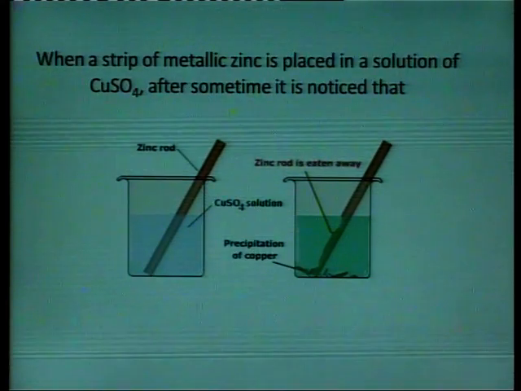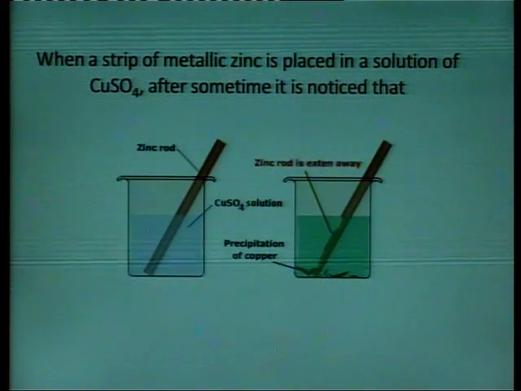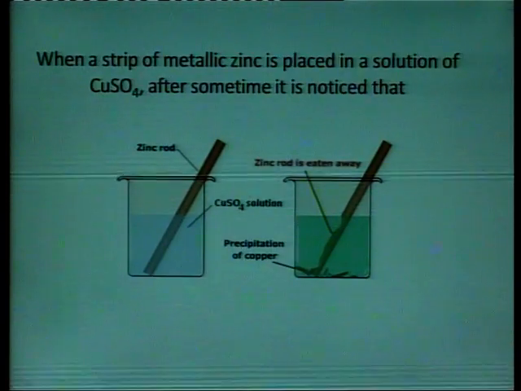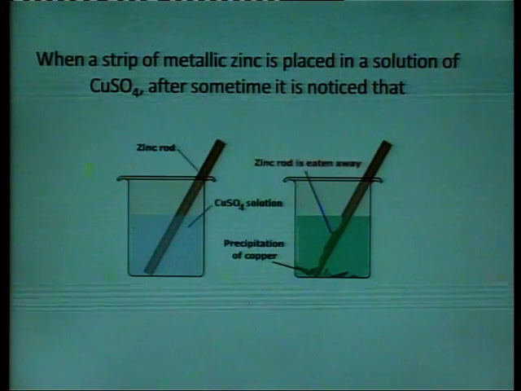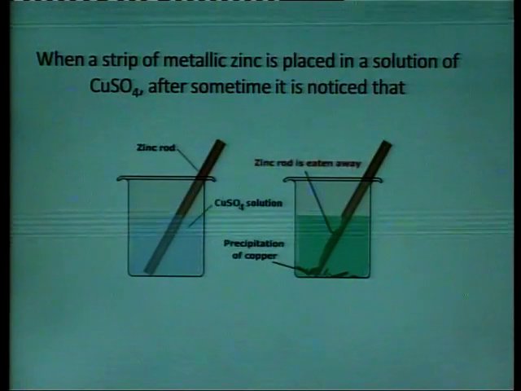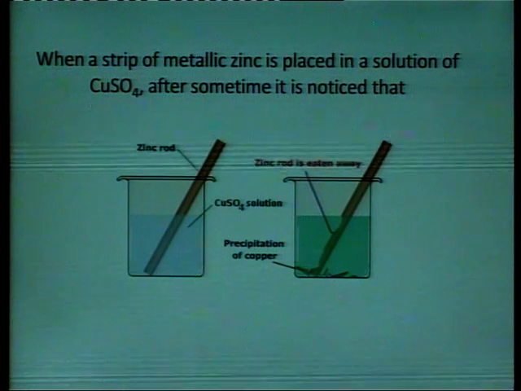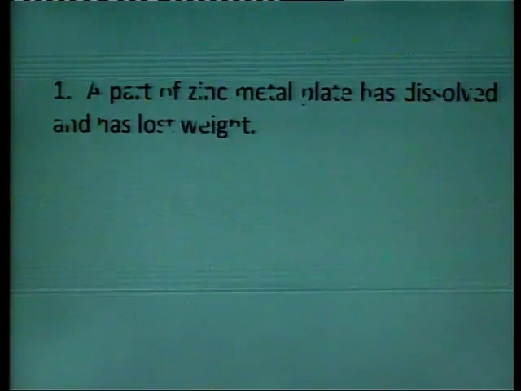In the first diagram, it is just at the start of the reaction, when the zinc rod has been dipped in the copper sulphate solution, and the second diagram is after some time. So, after some time we will notice some observations. Let us discuss those observations.